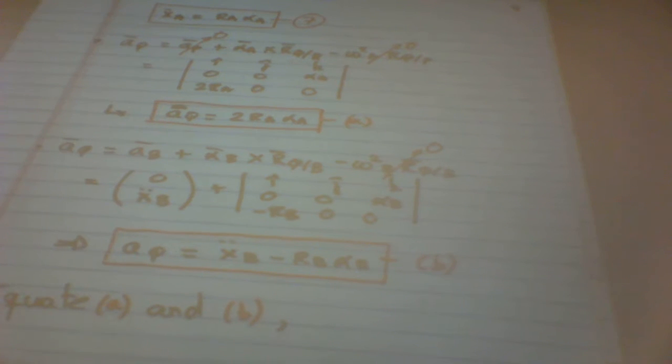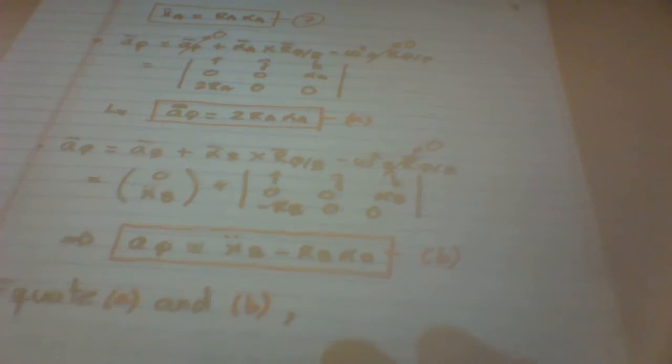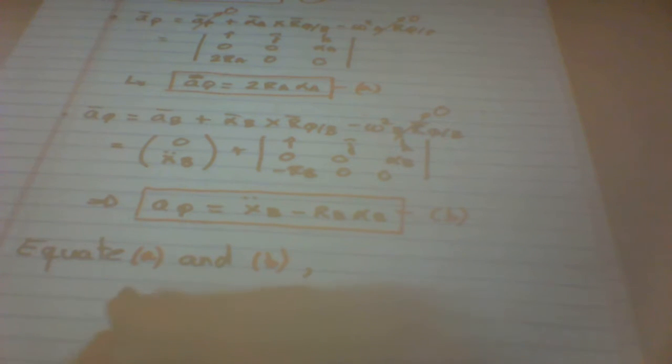You see that here I'm following the procedure as I've been doing all the time, no? And I hope this is going to take me to an answer. So this is going to give me 2R sub A alpha A equal to X double dot B minus R sub B alpha B. This is equation 8.